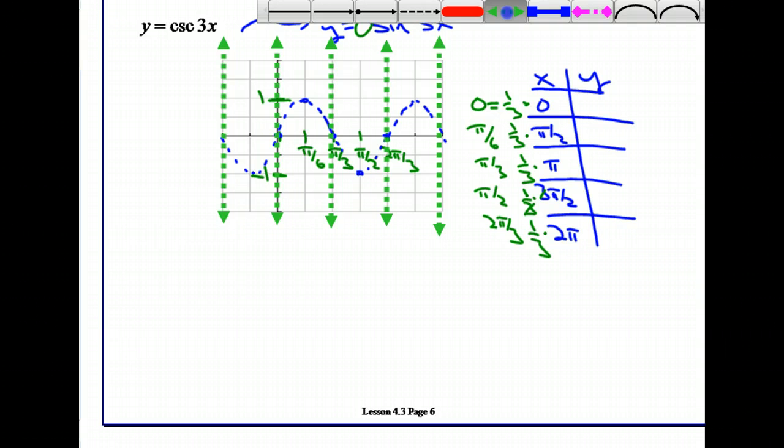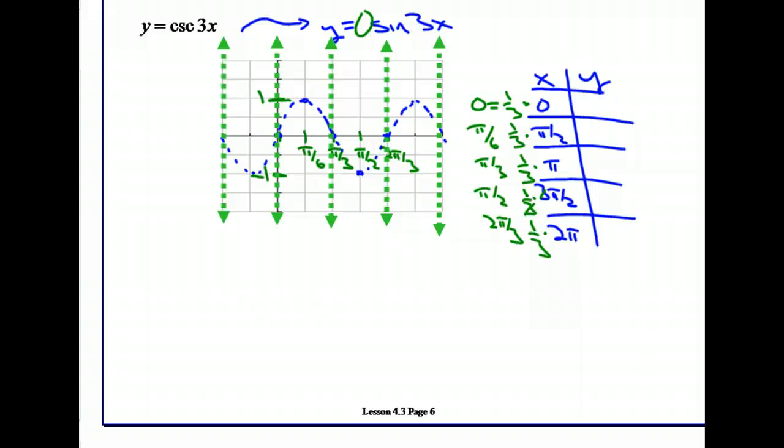Now let's get our cosecant graph. The loops coming off the bottoms, bounded by these asymptotes. You'll never quite cross the asymptotes. And there we go.